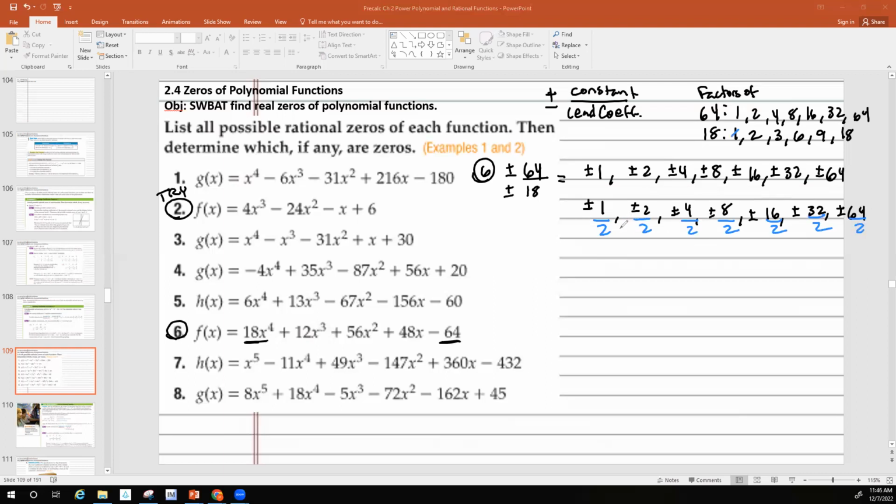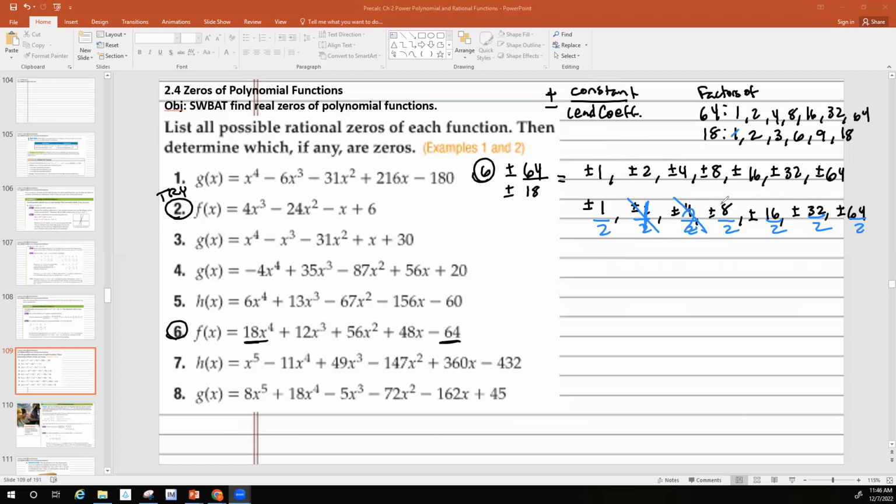Now, sometimes this happens. 2 divided by 2 is 1. Wait a minute, we already have 1 right here, so we don't really need this one. And here, 4 divided by 2 is 2, so we don't need this one either, because we already have it.